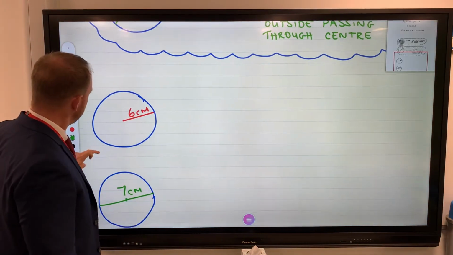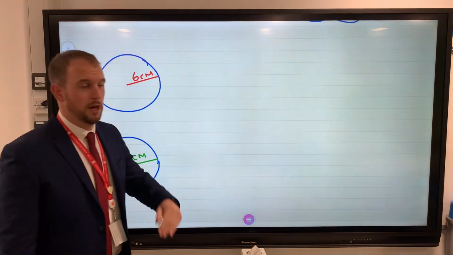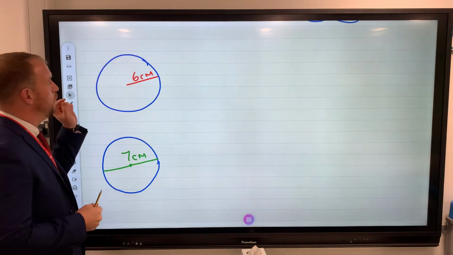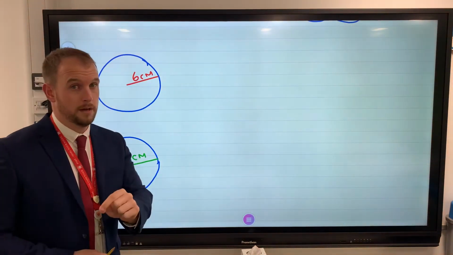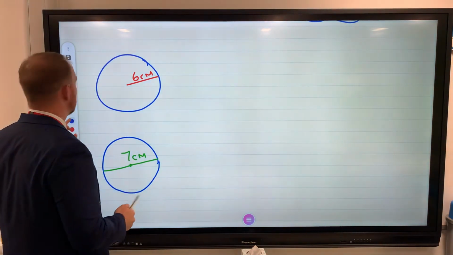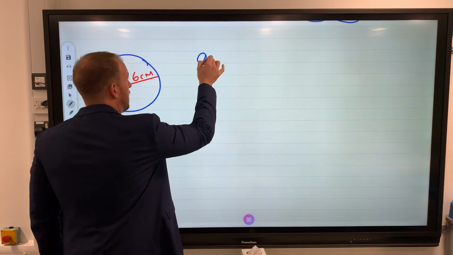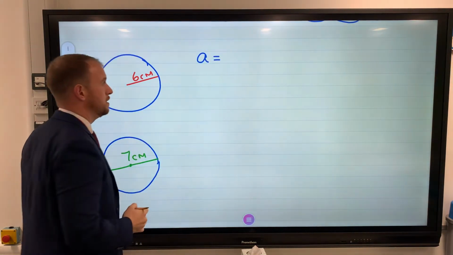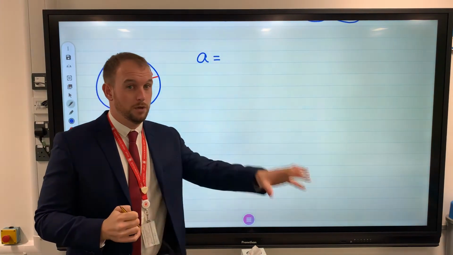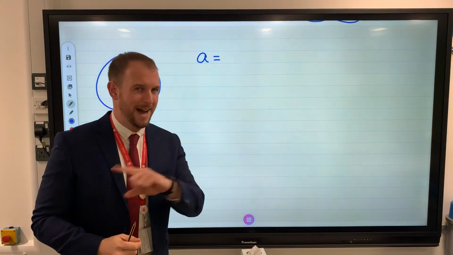So, we've got two separate questions here, and we're going to calculate the area. Now, to calculate the area, we need to use a formula, okay? And now with a formula, we use certain letters. So to calculate the area equals, now we're going to come across a symbol that we use on the calculator, which is pi, okay?